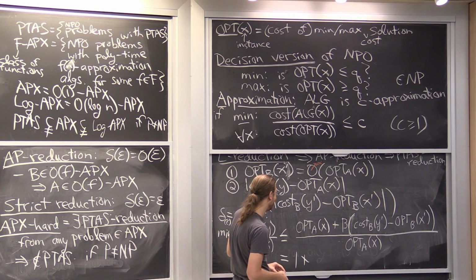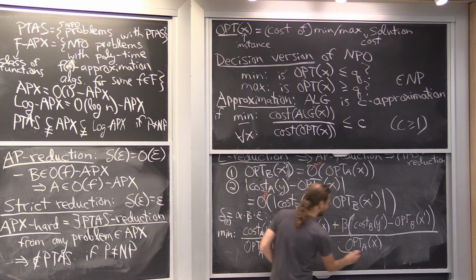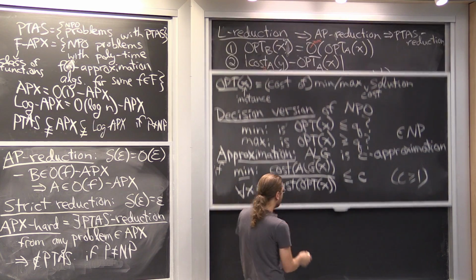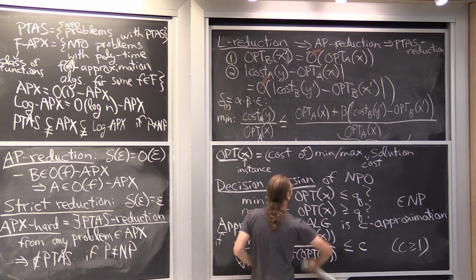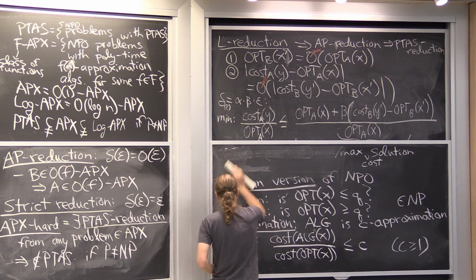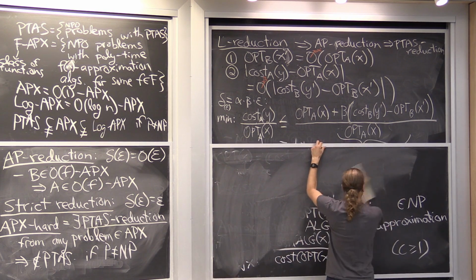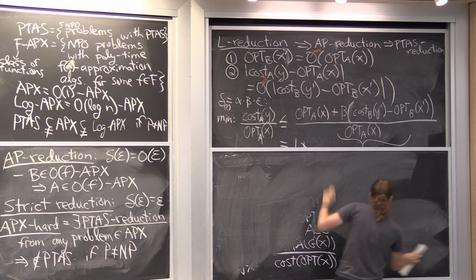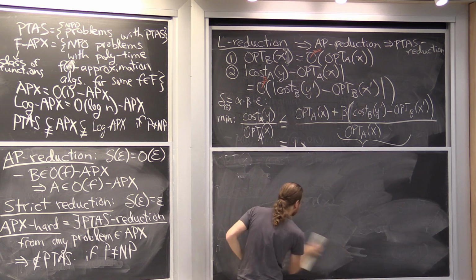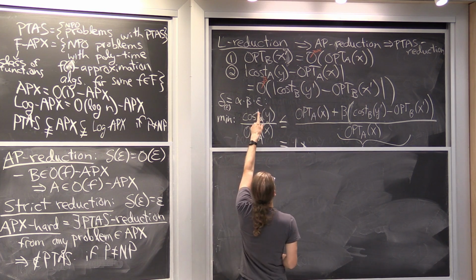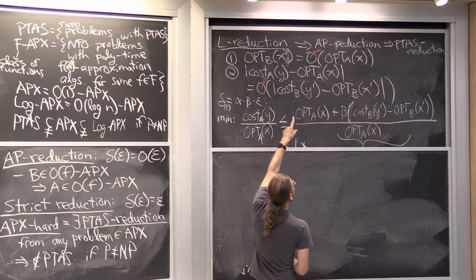Let's see, what else do we know? So 1 plus this thing. Let me scroll down. OK, we have one other property. We ought to use it. The other property is that opt sub b is related to opt sub a.